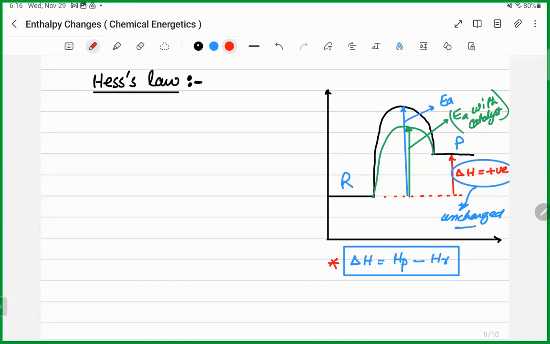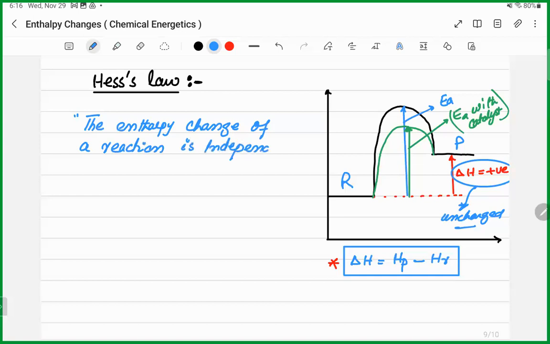अब एक काम करते हैं, इसी स्टेटमेंट को लिखते हैं. Hess law states that the enthalpy change of a reaction is independent of the route followed by the reaction. यानी route पे depend नहीं करता. ठीक है?